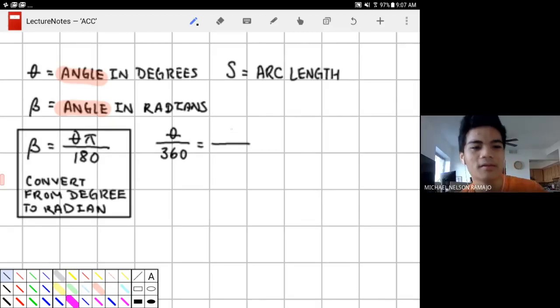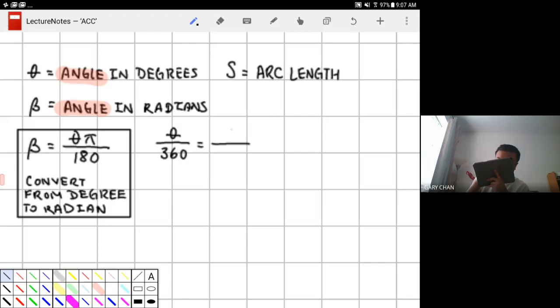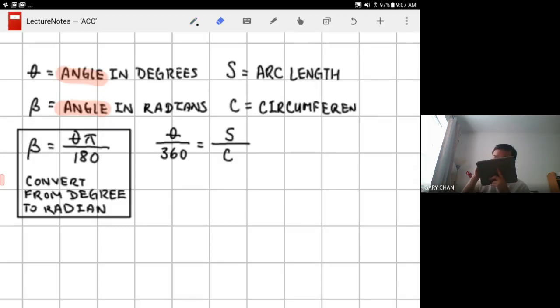So now there's this way that we can find out what the arc length is, by saying theta over 360 is equal to S over C. And I want to say C here is equal to the circumference. And Michael, what's the circumference formula?